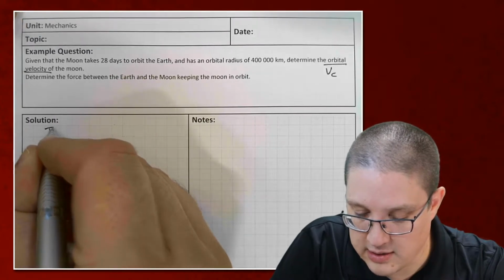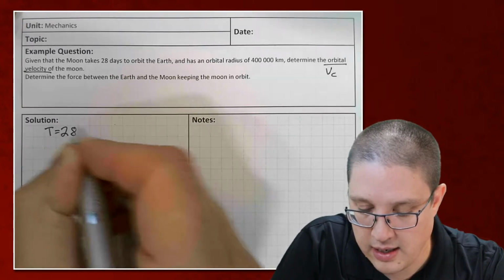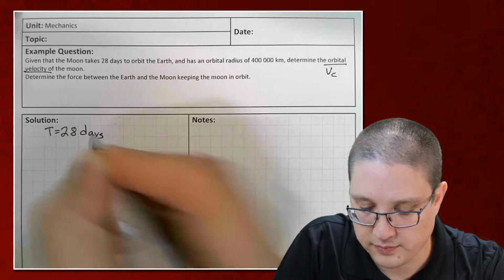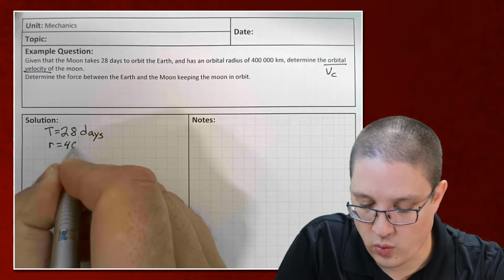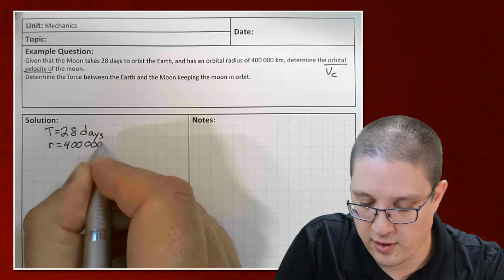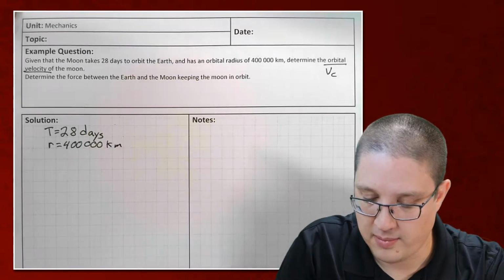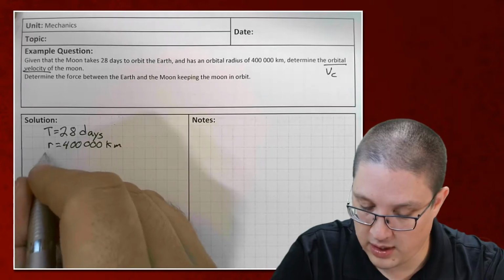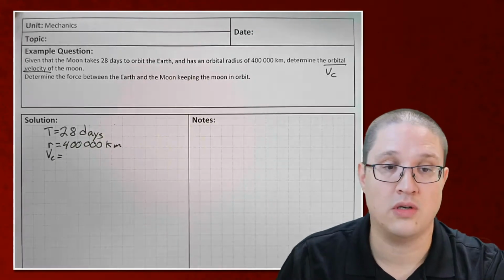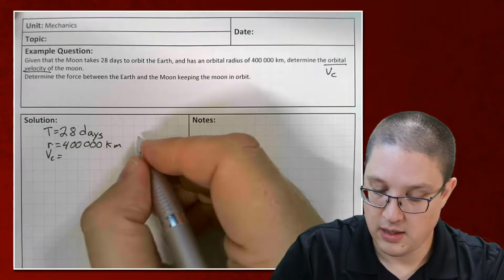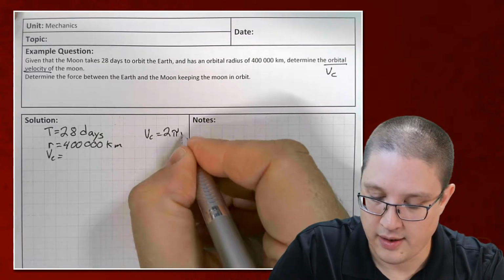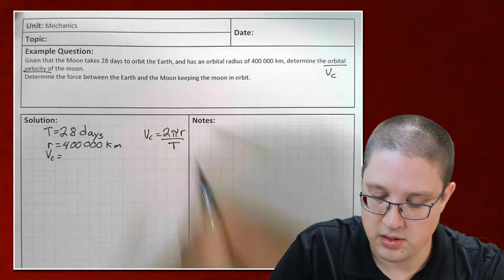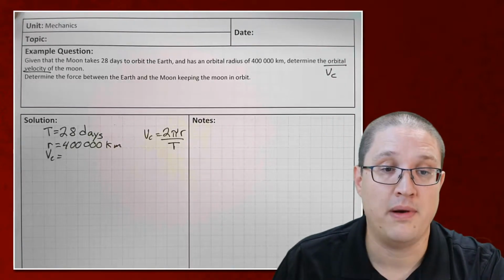In this case, the period is 28 days. The radius is 400,000 kilometers, and I'm looking for my circular velocity. My formula for that is 2 pi r divided by T, the period.